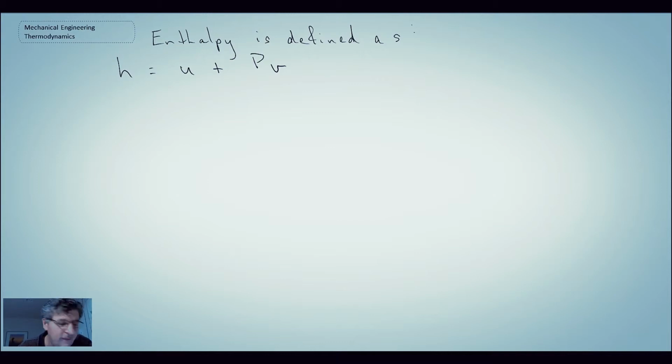So I'm going to take the differential form of that, and in doing so I'm going to apply the product rule. And I'll apply the product rule to the PV term. So we're going to take this equation and we're going to substitute it into the first Gibbs equation.